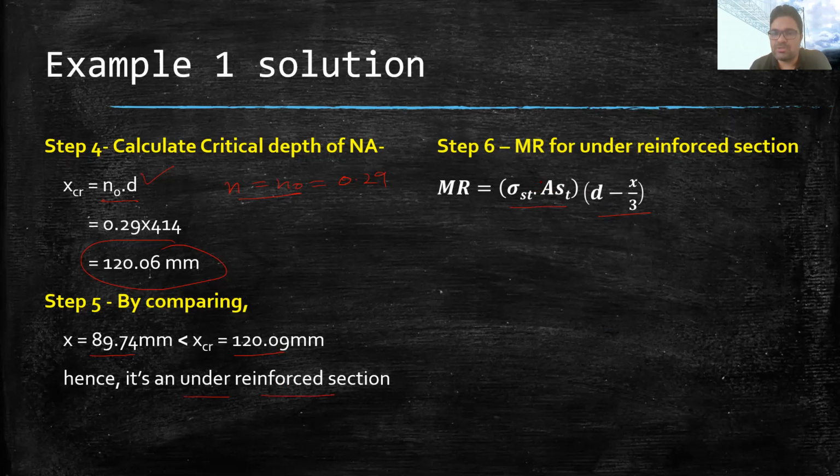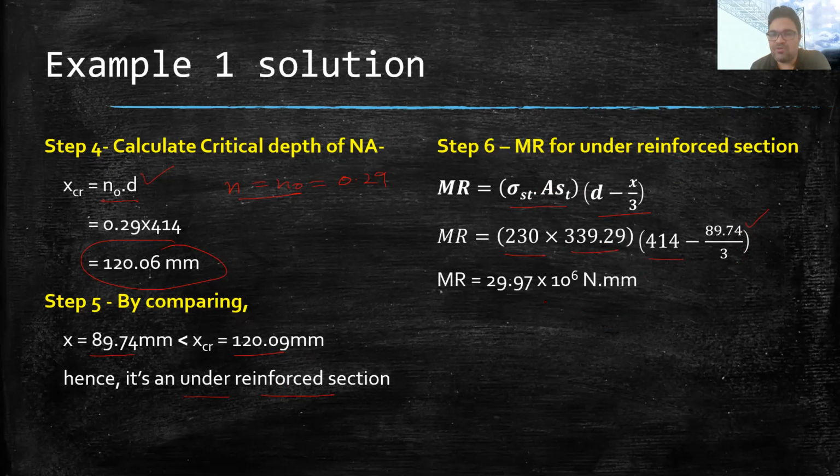After putting all the values, there you can see we have put the value of sigma st, ast, then effective depth, actual depth of neutral axis, and after solving, the value of MR is 29.97 into 10 raised to power 6 Newton mm.